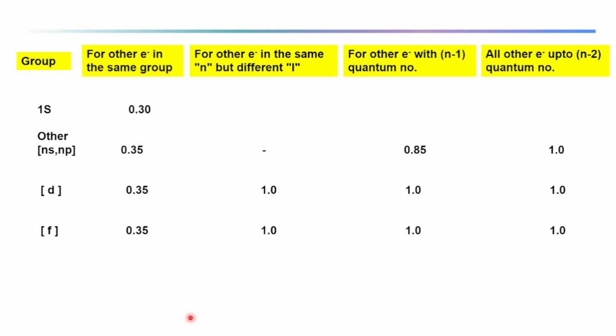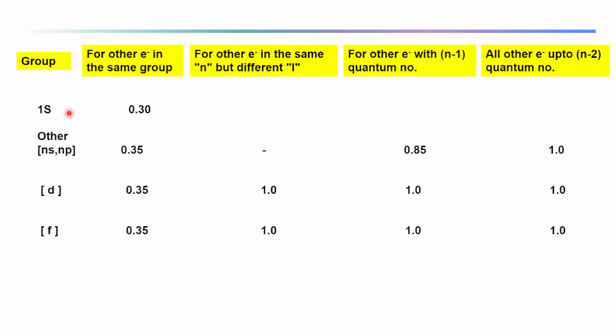So first, this is the summary, or the chart. Here are different groups, and here you can see the shielding constant value for the other electrons in the same group, from other electrons in the same principal quantum number but different azimuthal quantum number, from other electrons with n-1 quantum number, and from all other electrons up to n-2 quantum number.